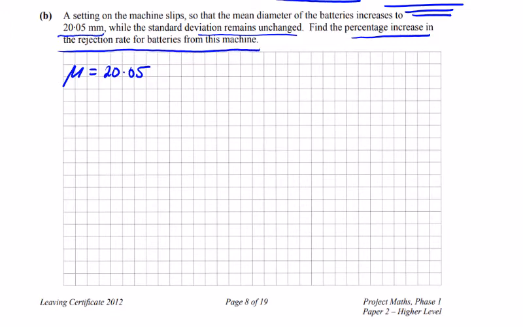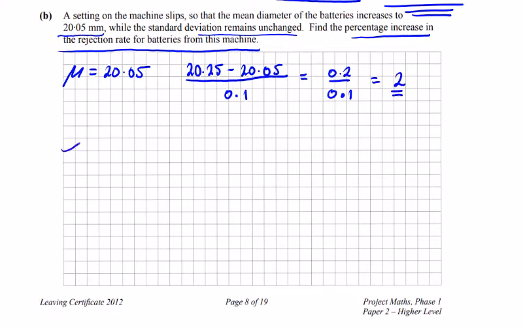So what we're looking at here is, if we test 20.25 against 20.05 over 0.1, we're going to get 0.2 over 0.1, which is equal to 2.